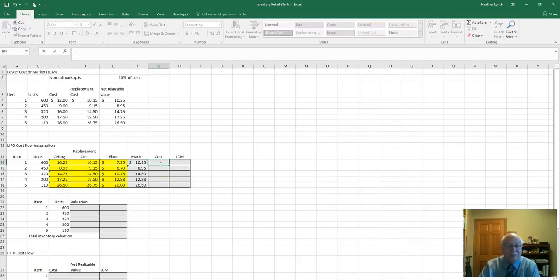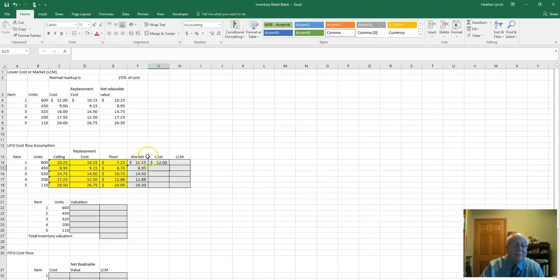Now for cost, that's literally what we do. We use the cost. So we'll take that and we copy the cost down. Okay. Now we compare market to cost. And this is an easy one, or it should be. We take the lower of the two.